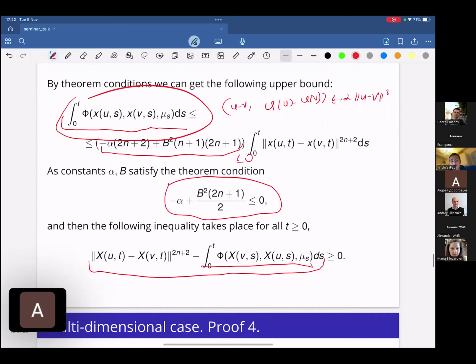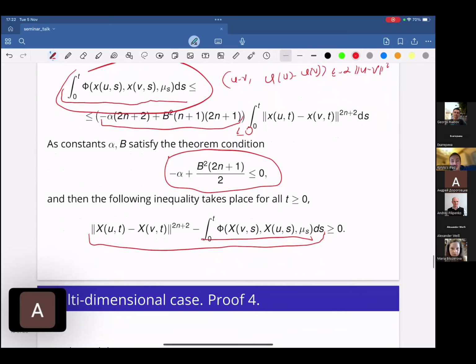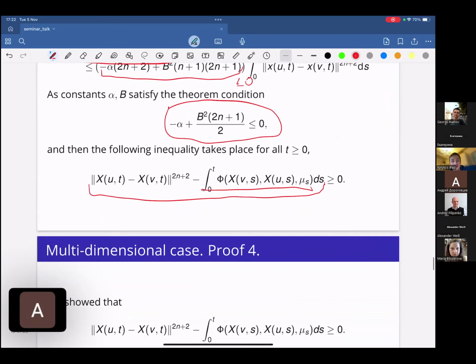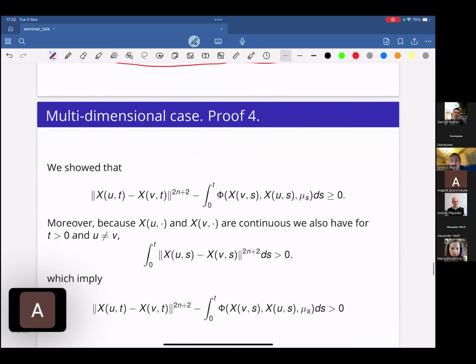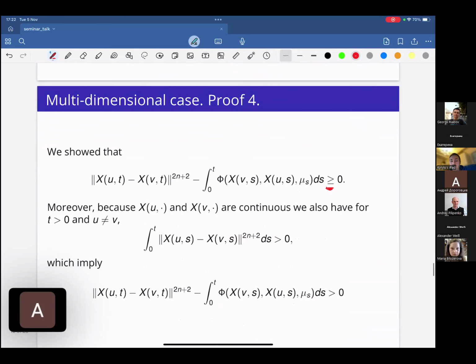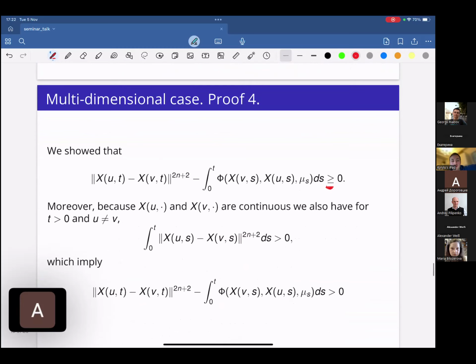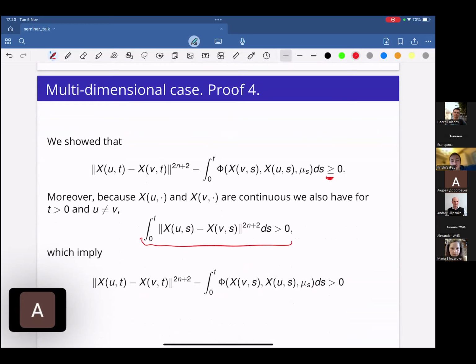And now we can enhance this inequality a little bit and achieve a strict sign, because such an integral is strictly greater than zero, because our point starts from u minus v, and they are continuous, and so the whole integral is greater than zero.